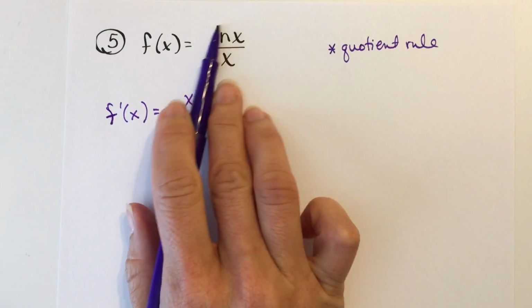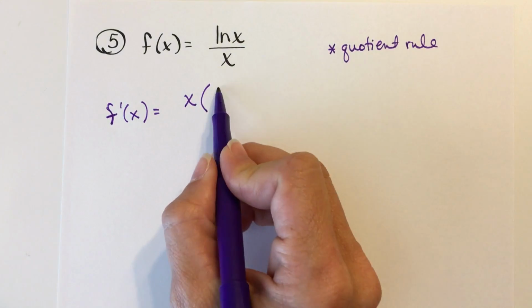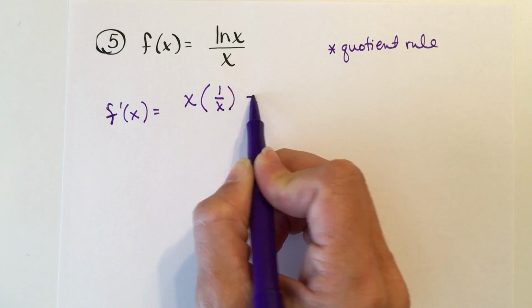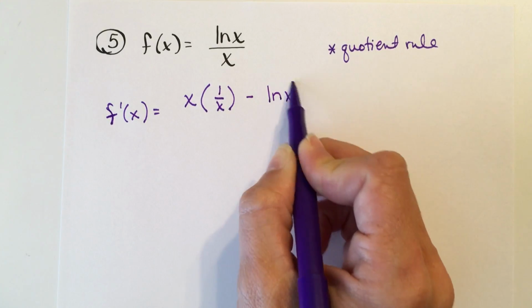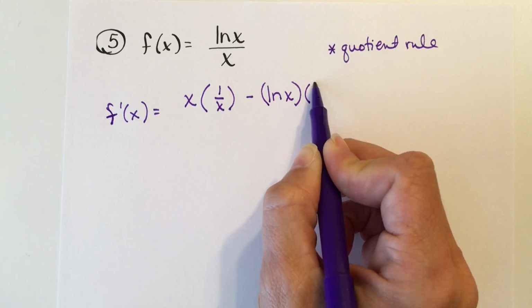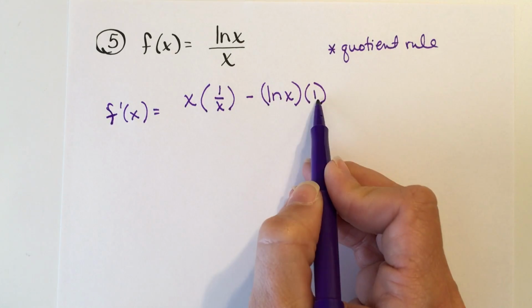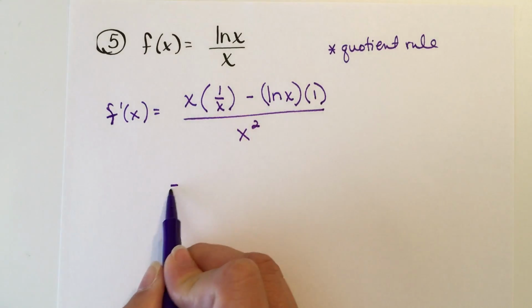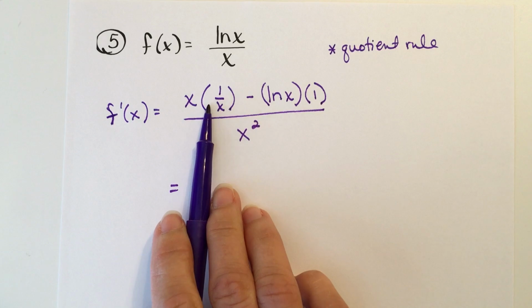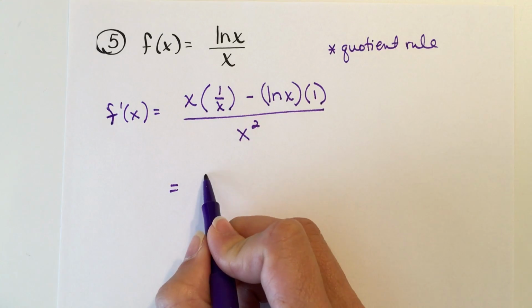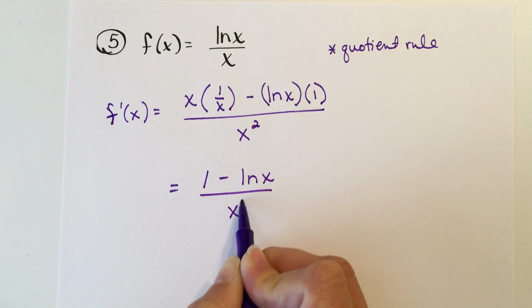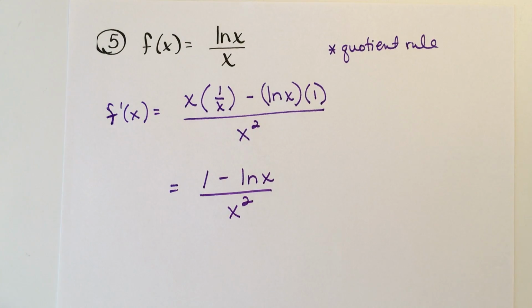So the derivative of natural log of x is 1 over x. So low d high minus high d low. So the derivative of your denominator is just 1, all over low low. Okay, so here what's going to happen is your x's will cancel out, so you'll just be left with 1 minus the natural log of x over x squared. And there's your answer for that one.